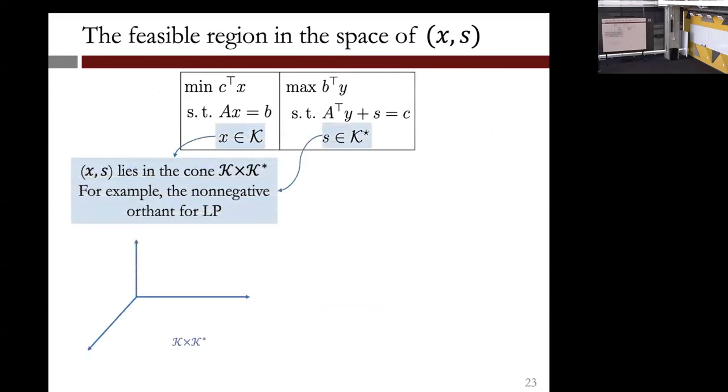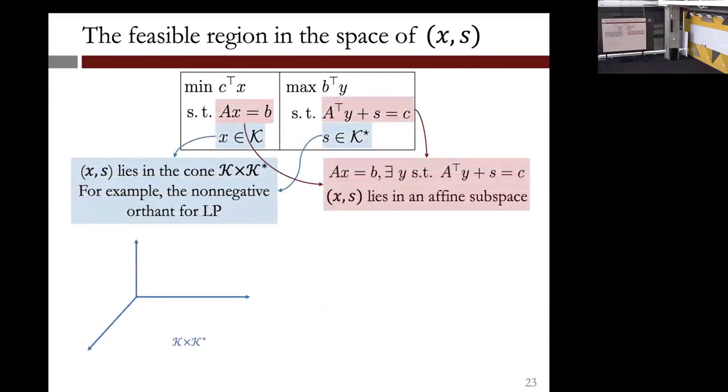If I put the two problems together, I arrive at the following. If I combine the primal and the dual, X has to satisfy these affine constraints. My Y and S, or just S if I want to think about it, has to sit in this affine variety, and X and S together have to lie in a cone.